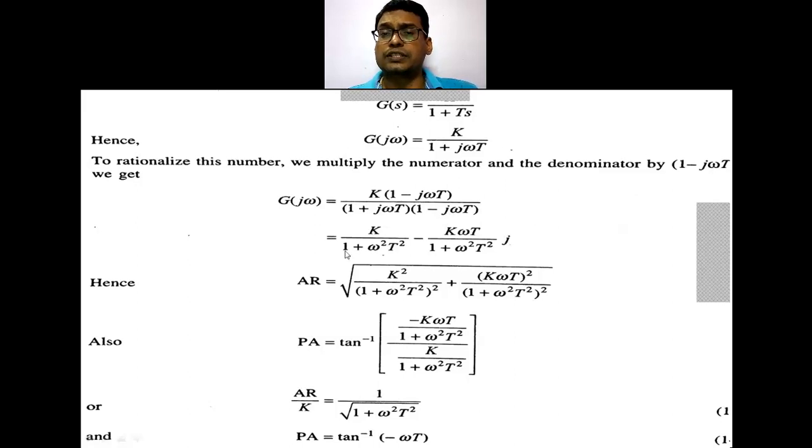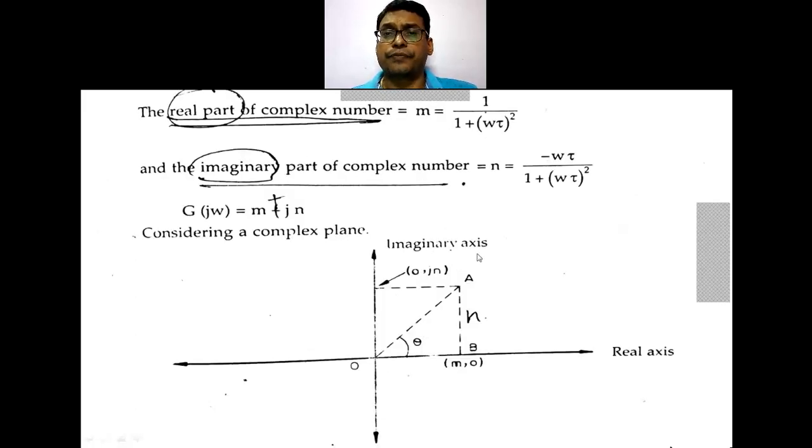So we substitute K upon 1 plus omega squared tau squared as m, and K omega tau upon 1 plus omega squared tau squared as n. So the real part is m and the imaginary part is n.